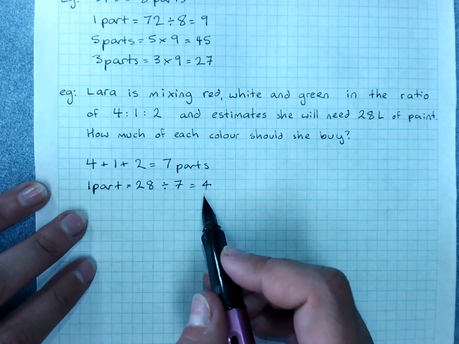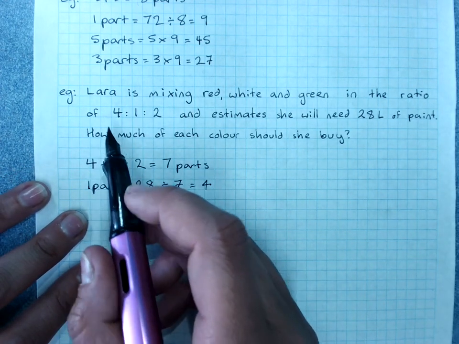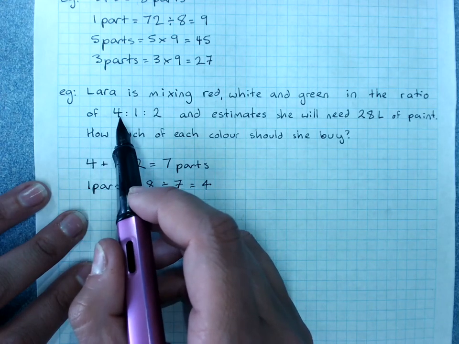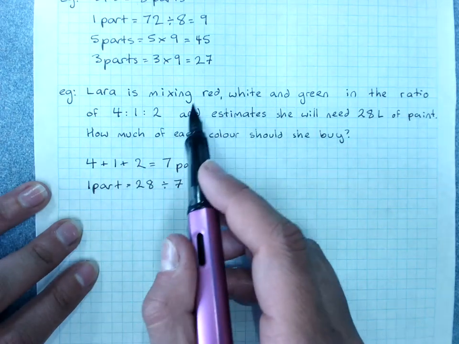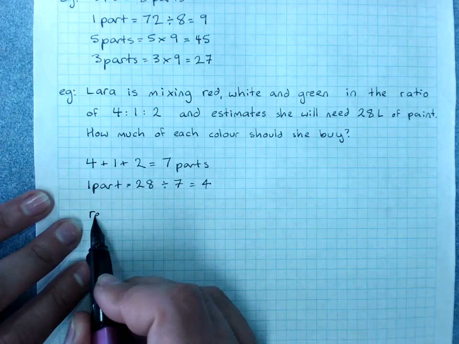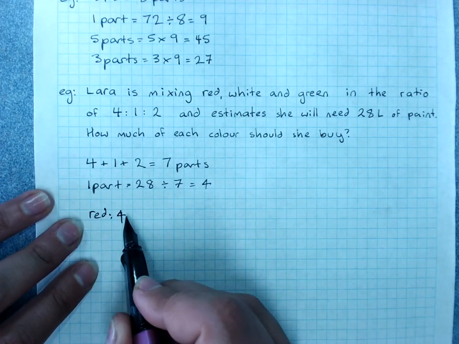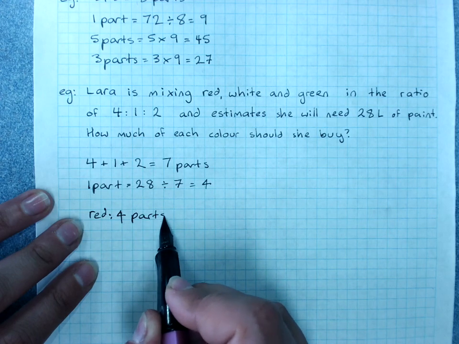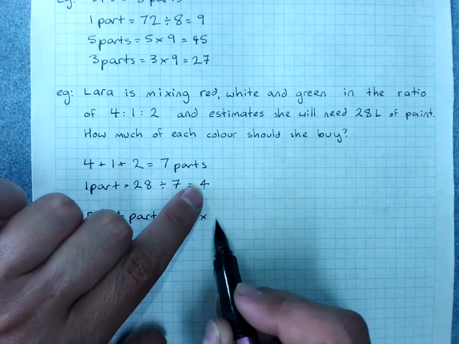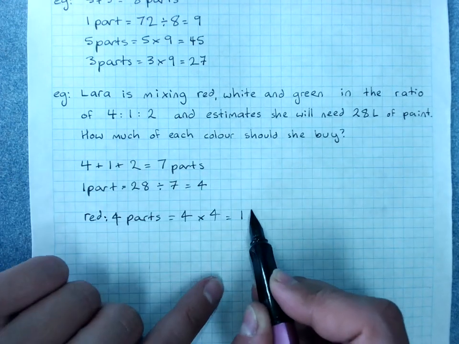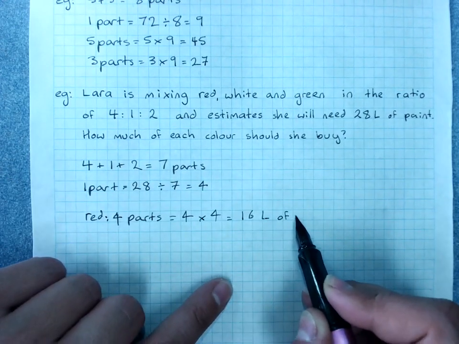But we need 4 to 1 to 2. So our first one, red, is 4 parts, and that's 4 parts times 4 litres, which is 16 litres of red paint.